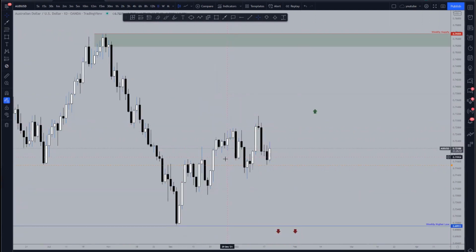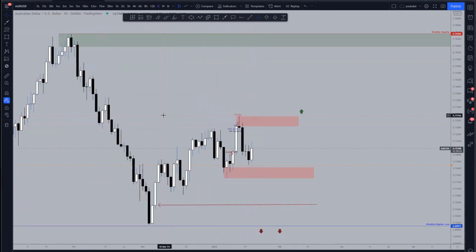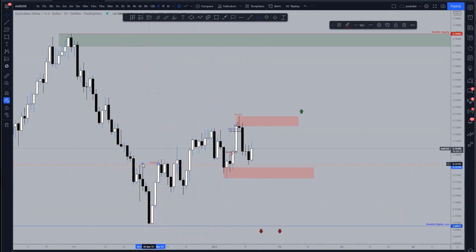So what I want to highlight here is the switch of flow that we had right here. So this was our last supply of that weekly leg to the downside. We had a supply broken. That means we had a break of flow. I'm going to put that down as BOF.